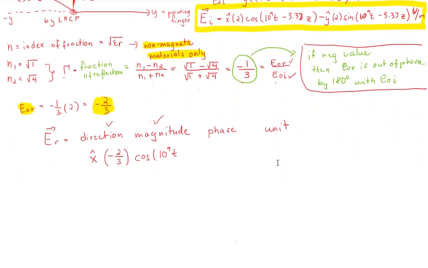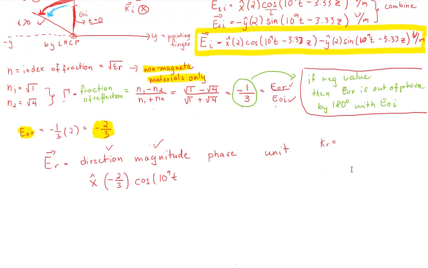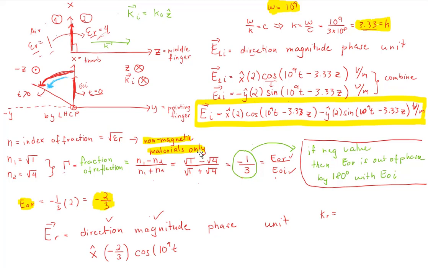We know k sub r propagates in the other direction than k sub I. And since we have k sub I traversing the positive z direction, then k sub r is equal to negative k naught z hat, or otherwise it's traversing the negative z direction.